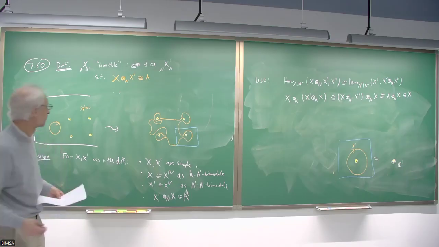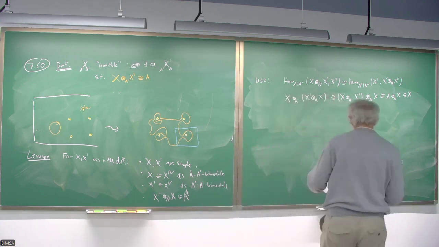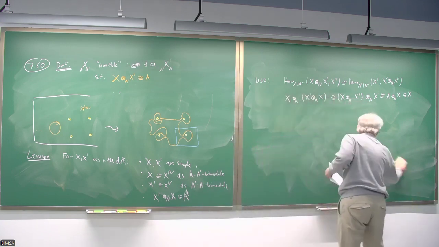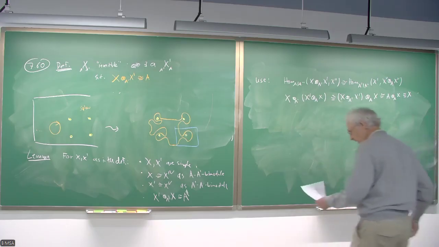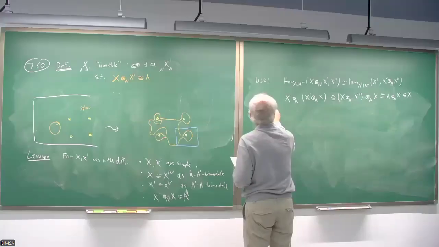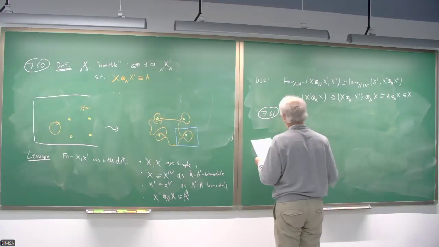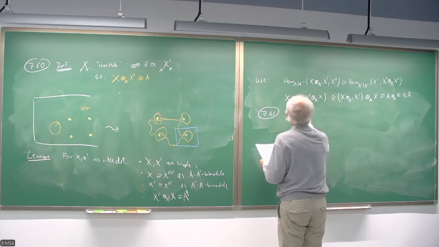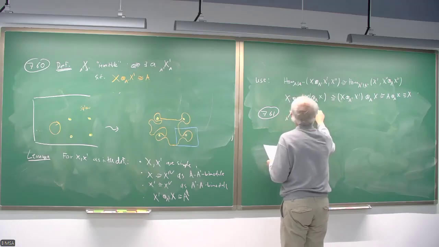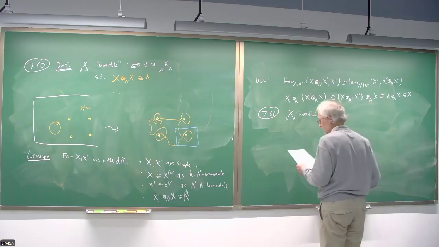Another lemma. We can remember this picture, I think. This is an easy generalization of what we have for invertible objects in a monoidal category.